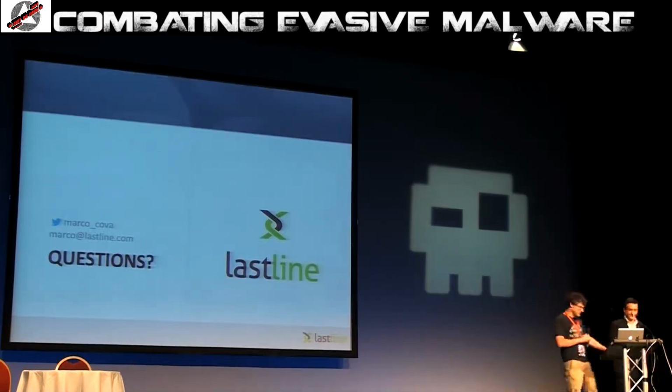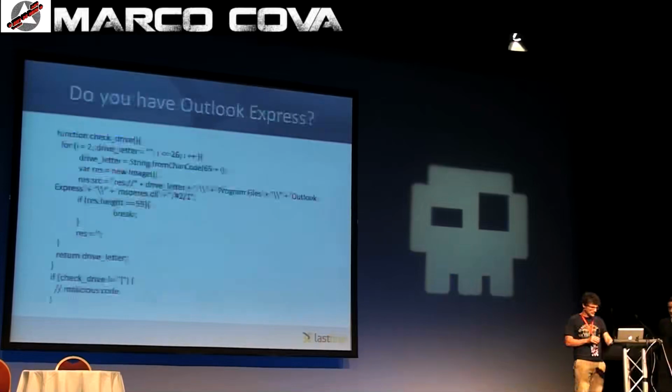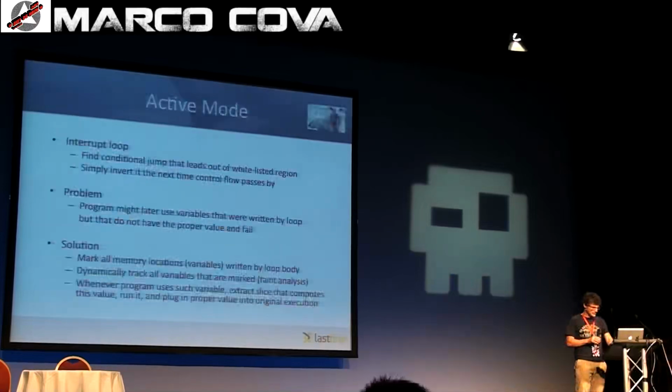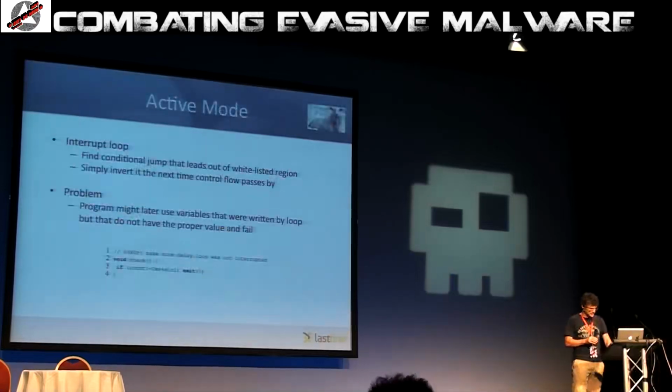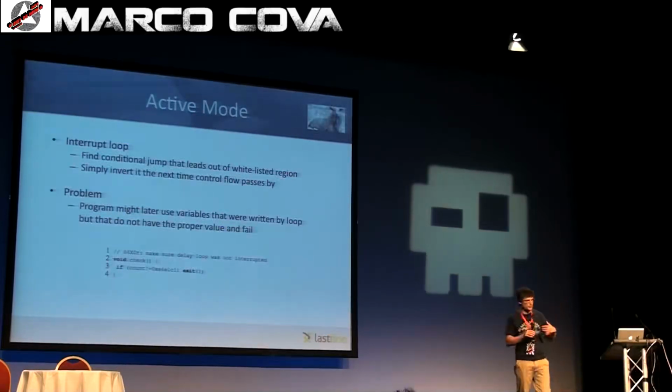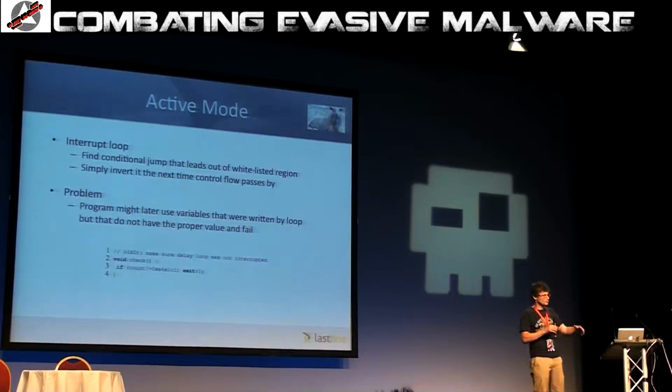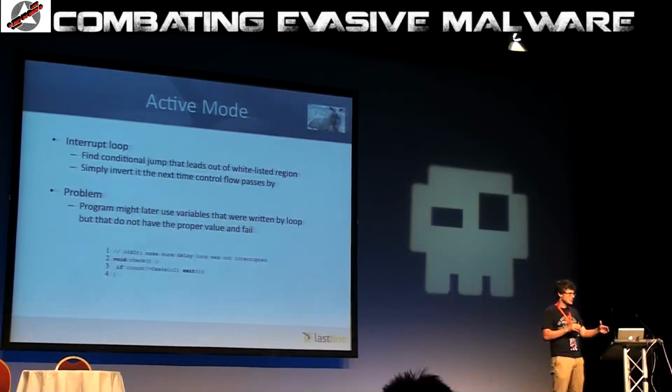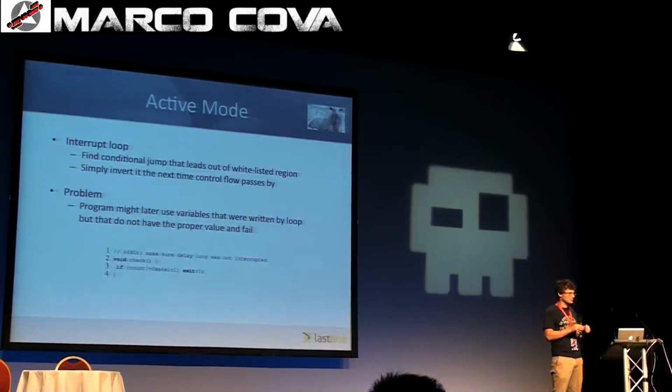Yeah, so that's kind of where I skipped some of the details. But we have an example here. Of course, malware authors know that we can do things like this, and so they always try to find ways around that.